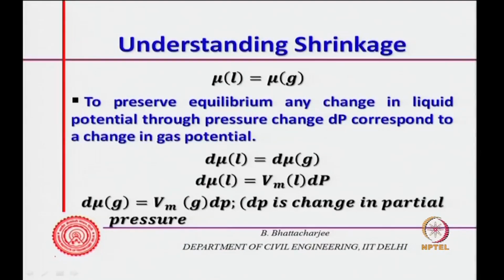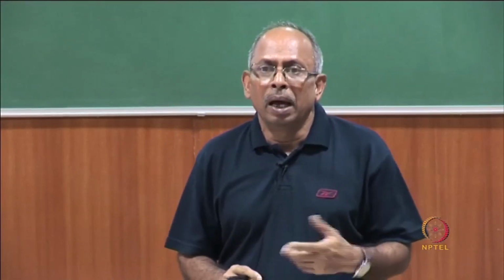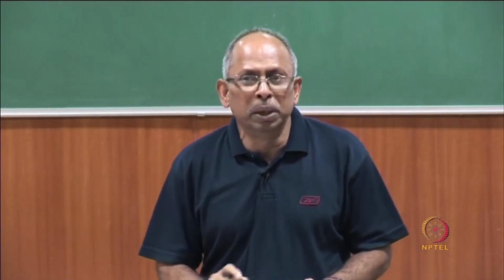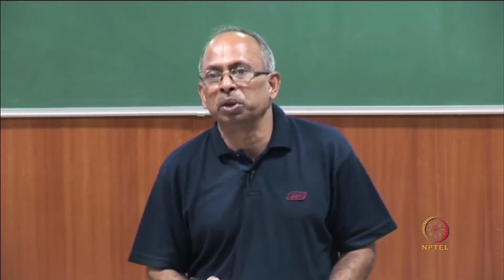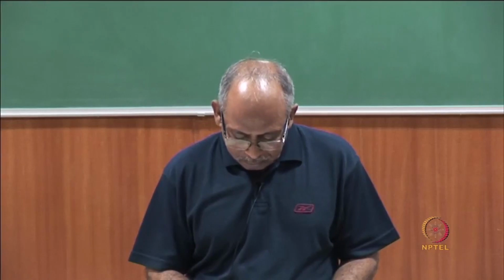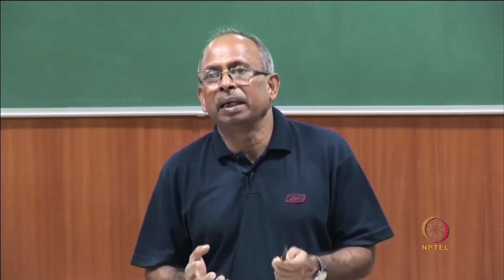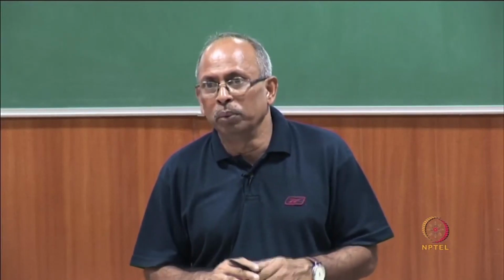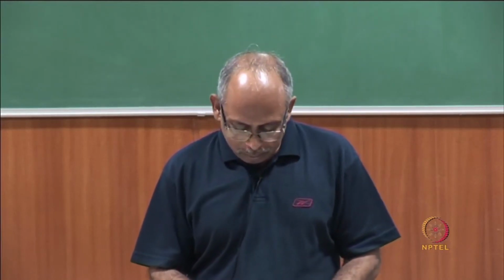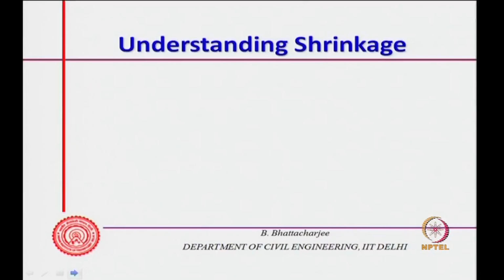dP is the change in partial pressure. So, when we are talking of the gas, it is a partial vapor pressure, right. I am assuming that you understand what partial vapor pressure is. It is the pressure exerted by a gas when it occupies the full volume of the mixture. So, partial vapor pressure would change.